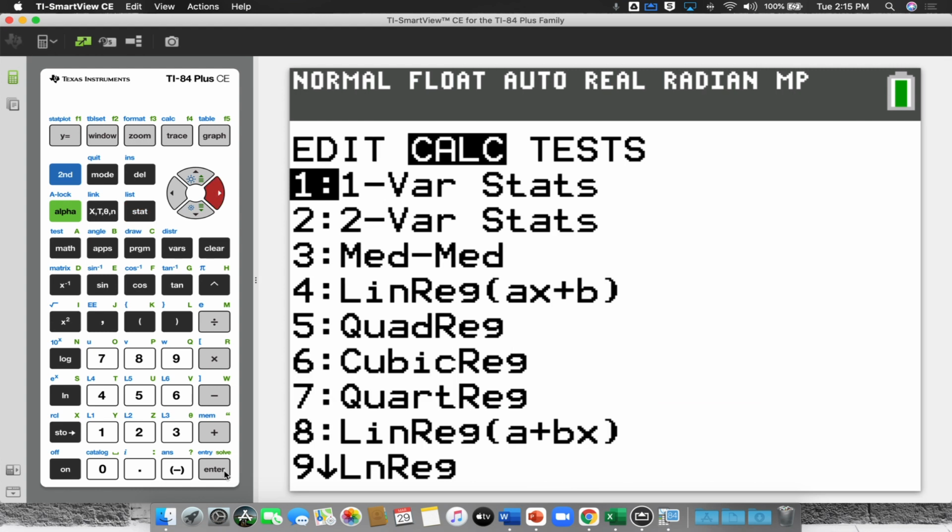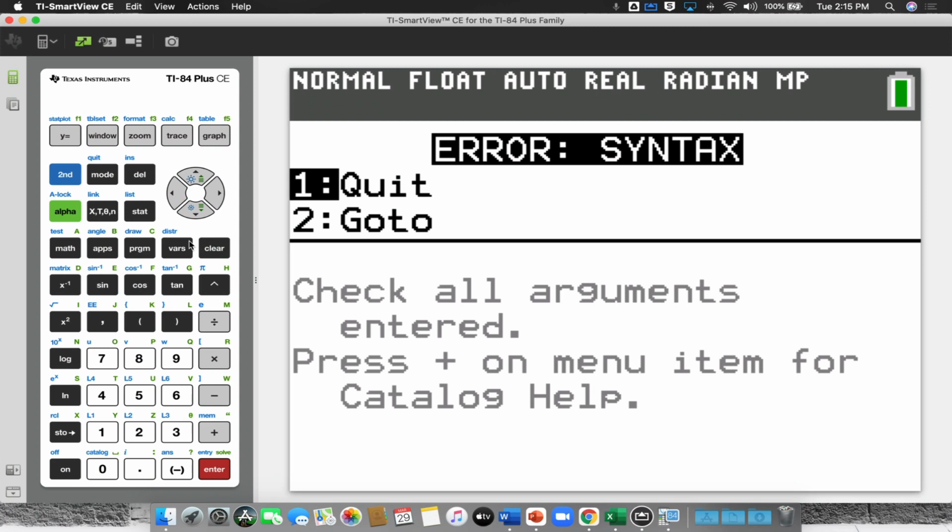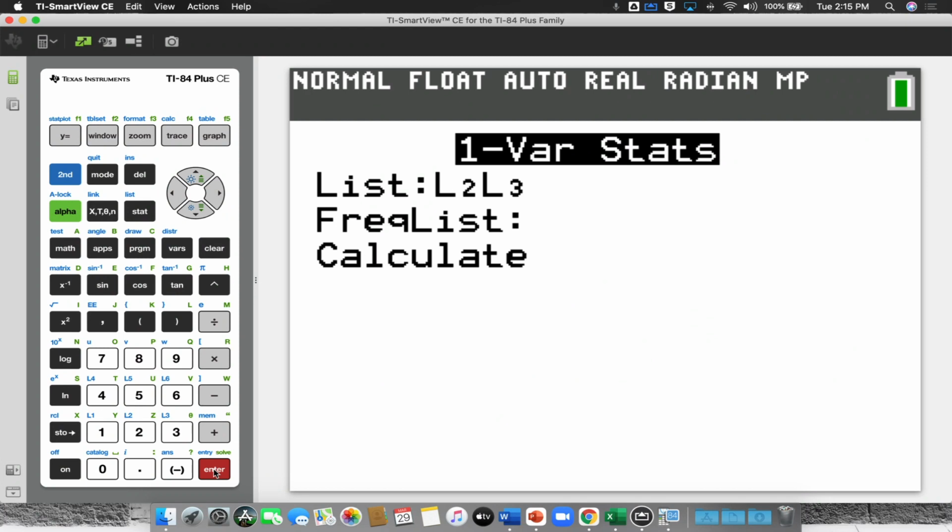So we go one-var stats for L3. Nope, not L2. L3. Let's see here. Clear. L3.